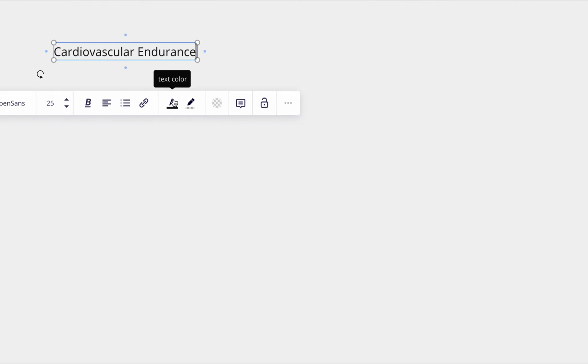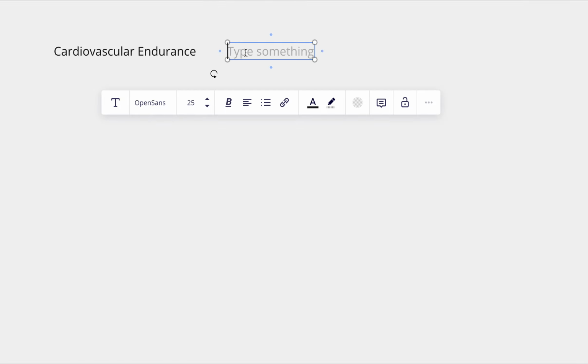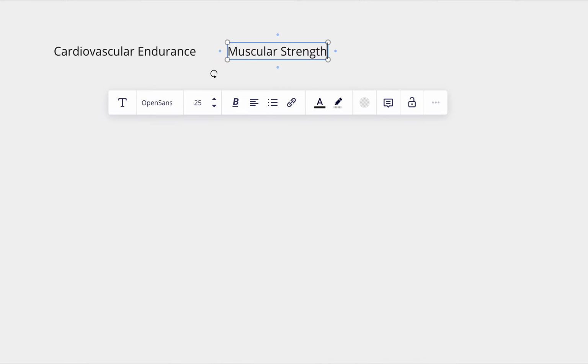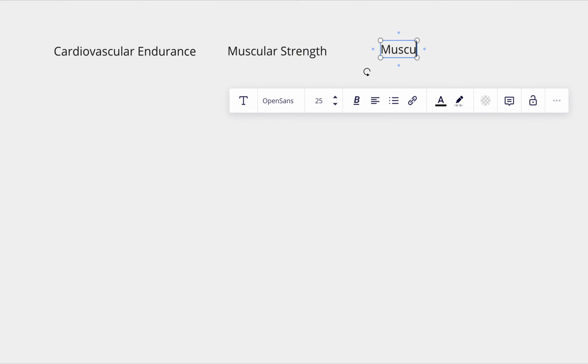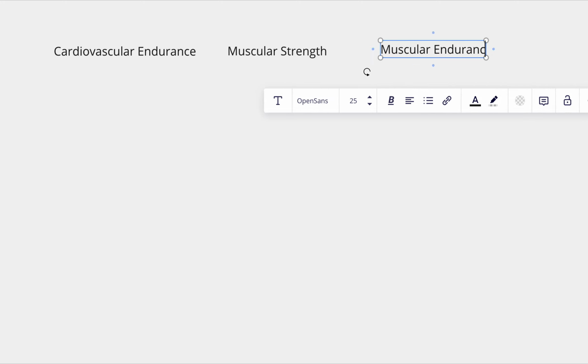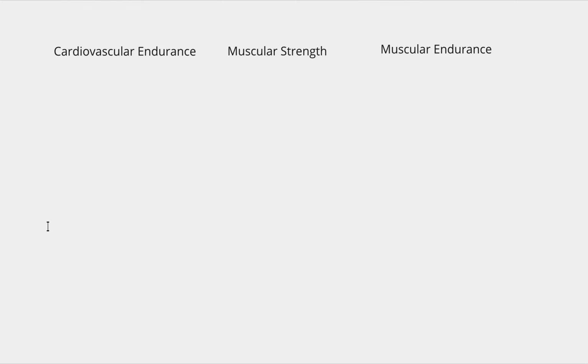And then from there, we also have our muscular strength as another component of fitness. To go along with muscular strength, we have muscular endurance as the third component of fitness. There's no particular order here either.